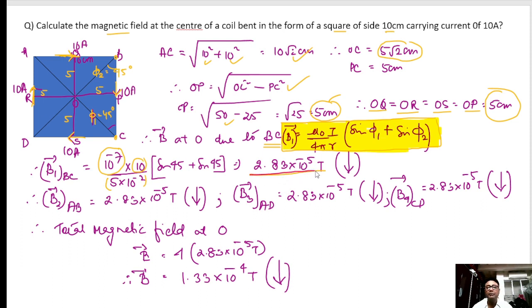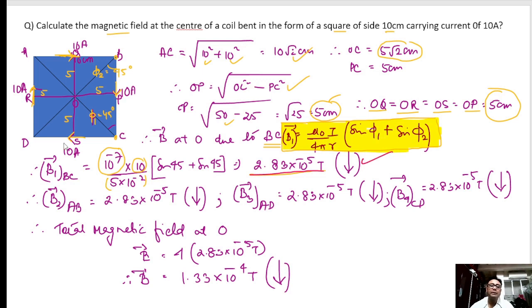If I apply Fleming's right hand rule, the current is going like this in BC, so the magnetic field will be vertically down, into the paper. So this is the magnetic field.